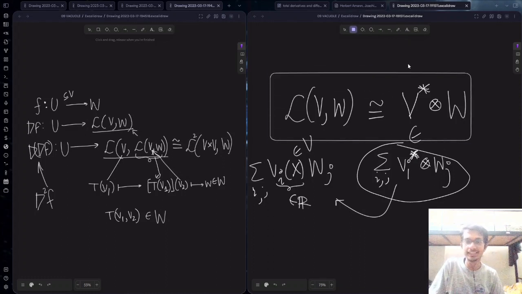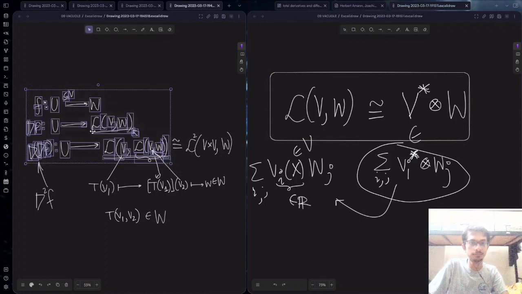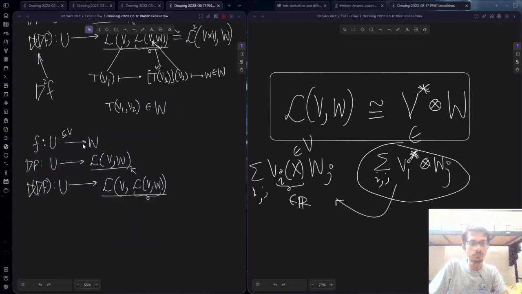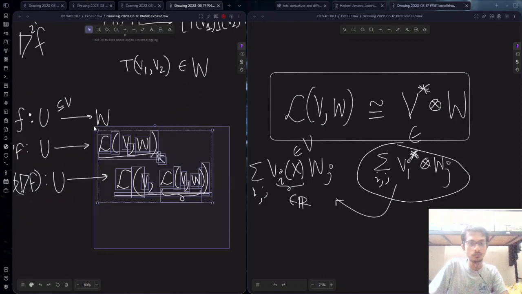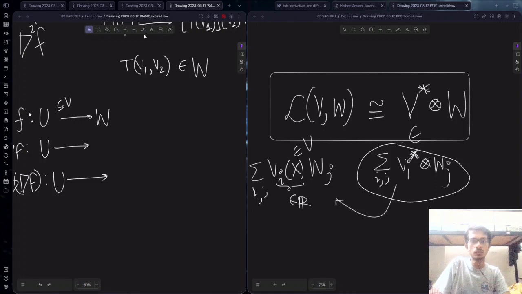If I use that, then what my derivative function becomes is a lot simpler. This just becomes a function from that, and I am also inducing the norm from this one to that one.